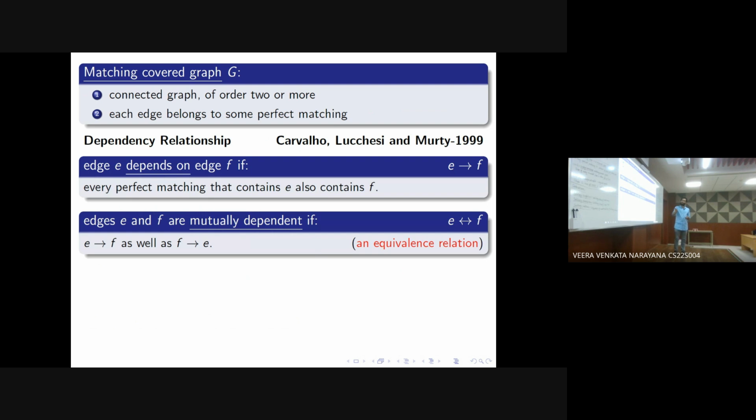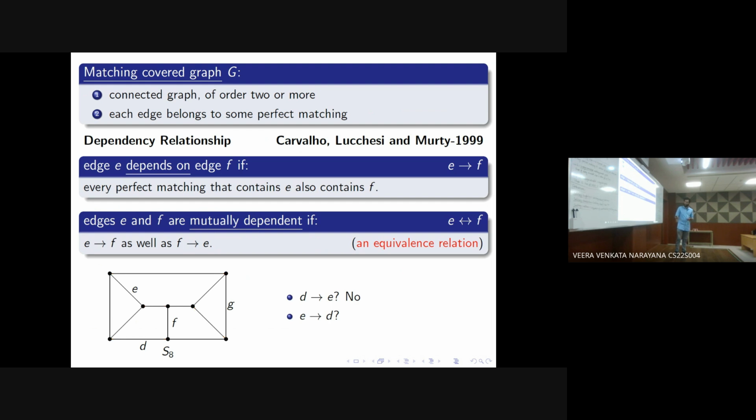To get familiarized with the notion of dependency relation, I will give one example and we can walk through it. Let's take this graph and ask the following question. Does D depend on E? That means, is it true that every perfect matching containing D also contains E? No, this is not true because I can show you a perfect matching containing D but not containing E. What about this?